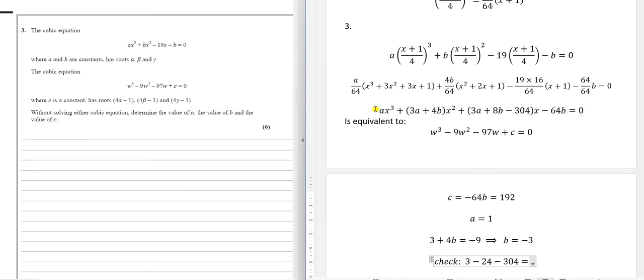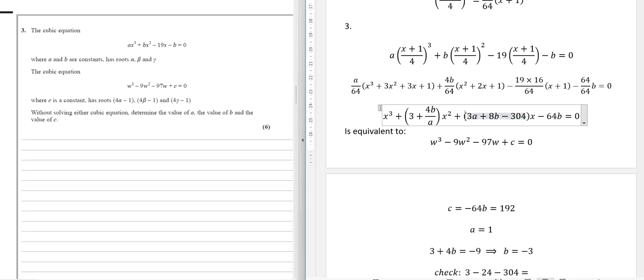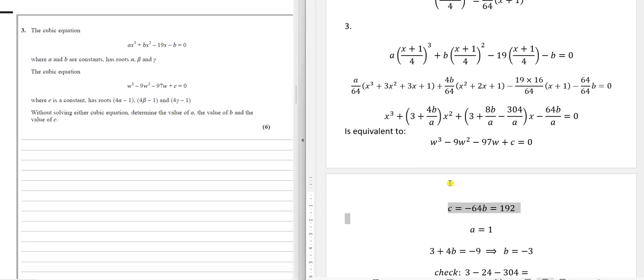The thing I can be sure about with this is, I can't necessarily say that a is 1, but what I can do is divide all of this through by a. And then this will be valid for a certain value of a and corresponding values of b and of c. So now I can go back through. I might have some different things to work out.